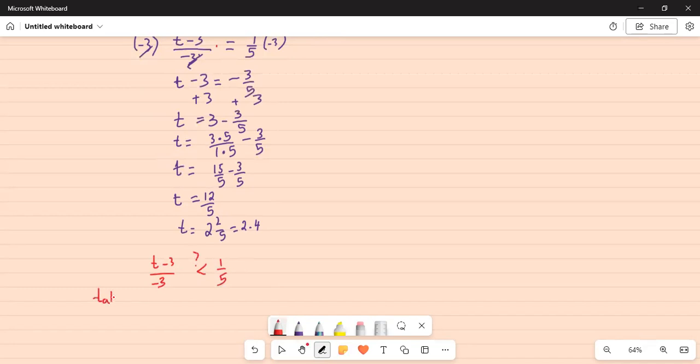Take t is equal to 2. That means it will be (2 minus 3) divided by minus 3, and that has to be less than 1/5. So there's a question mark.